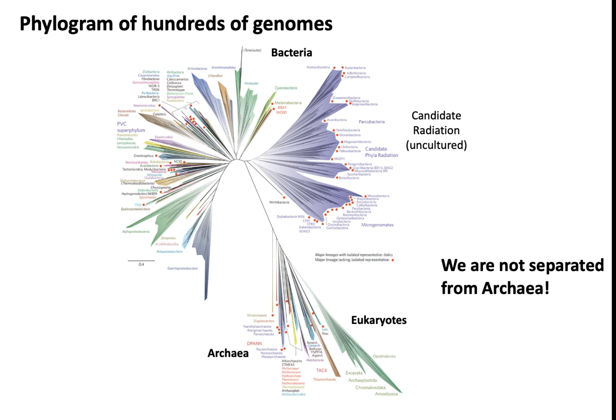Some of them may be symbionts or parasites of other organisms, and probably are. But this does show that there's a lot more variation, a lot more diversity out there than we've been aware of over the past decades or centuries.